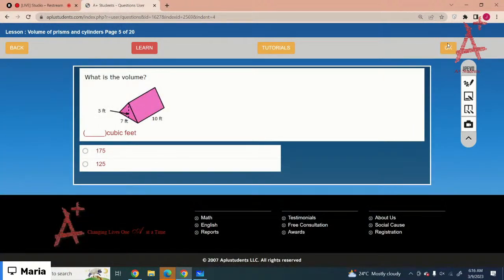Okay, what is the volume? You have to calculate the volume of the shape. First, let's calculate the volume of the triangular shape.